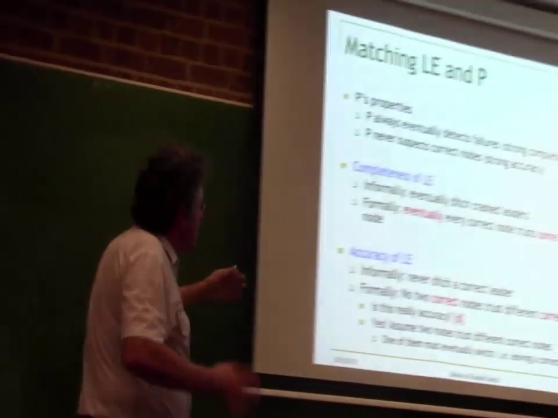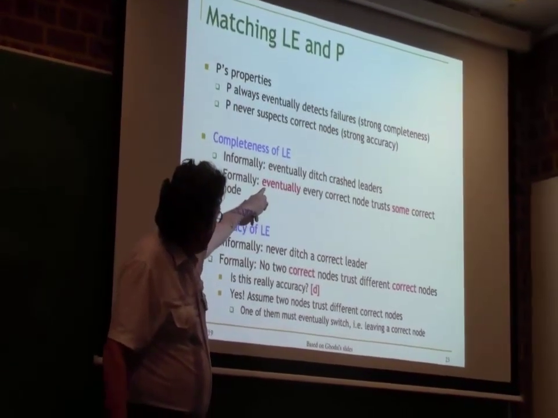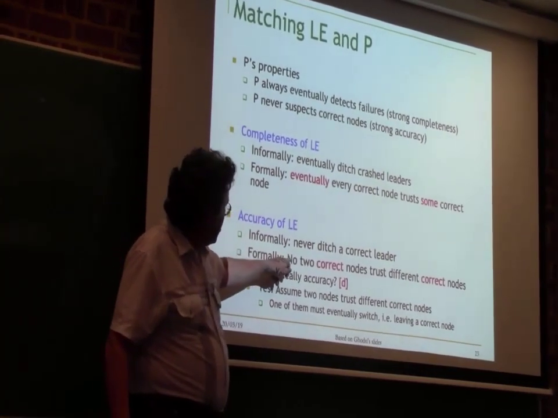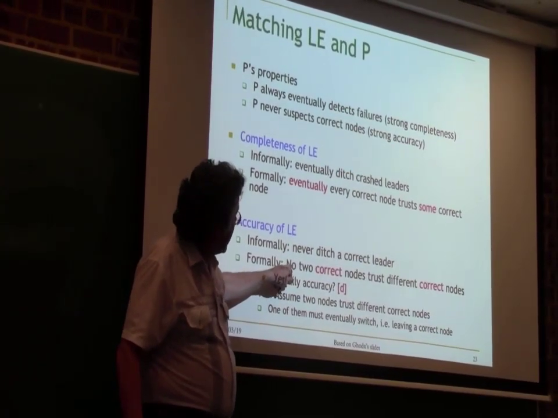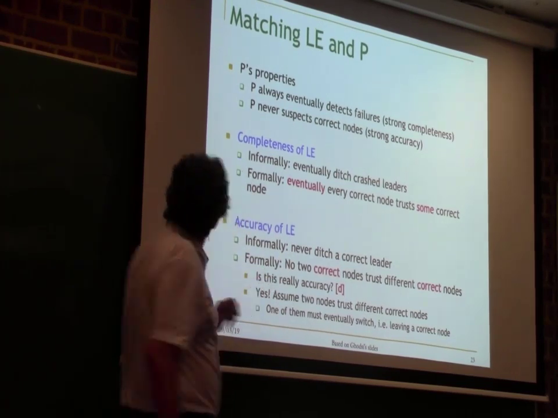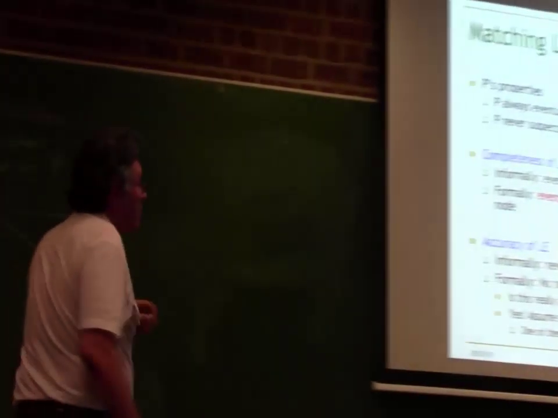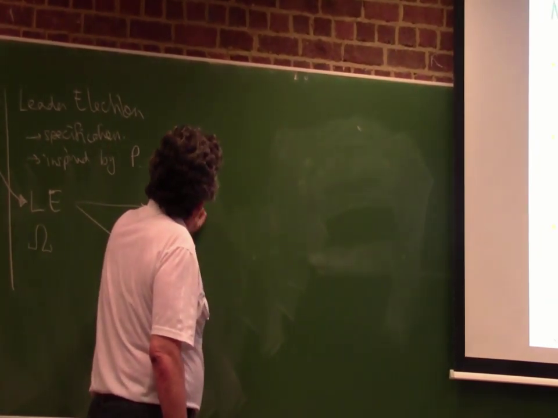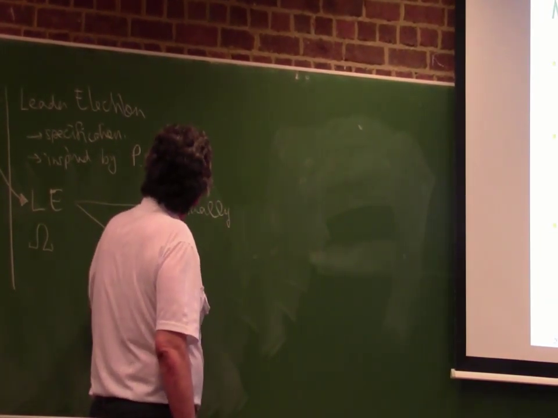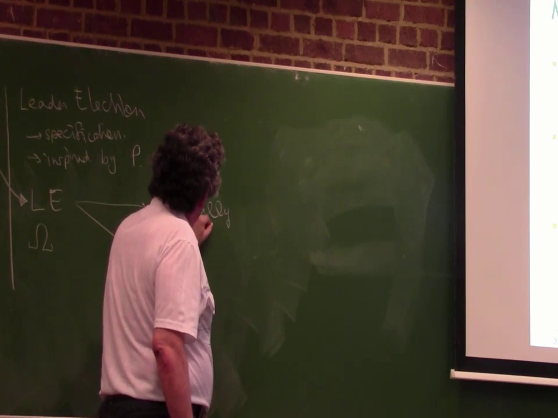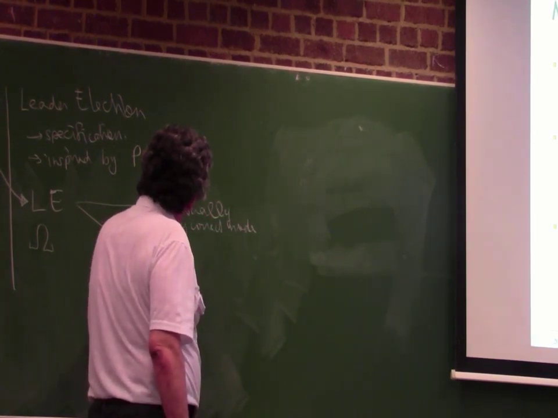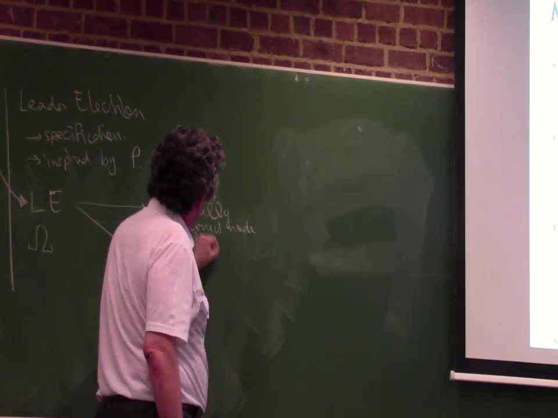So that gives us two properties. Eventually, every correct node trusts some correct node, which is the leader. No two correct nodes trust different correct nodes. So that makes two properties for LE. Eventually, every correct node has a leader, or knows the leader.